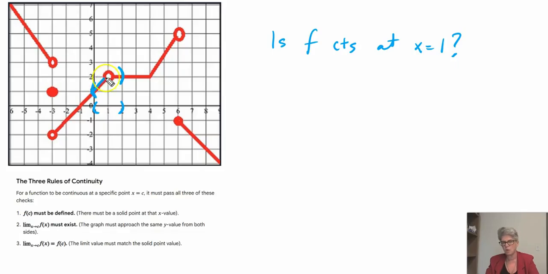But now to continue on to this part here, I have to take my pencil off the paper. And because I'm not able to draw that without lifting my pencil off the paper, it is not continuous at x equals 1. So I'm fine until I get to x equals 1. Then I have to lift my pen off the paper and then put it back down to keep drawing. So the answer is no.